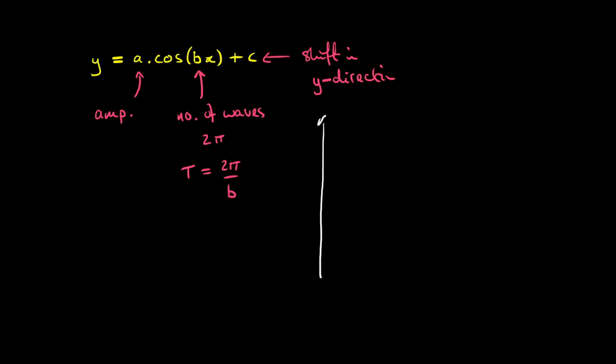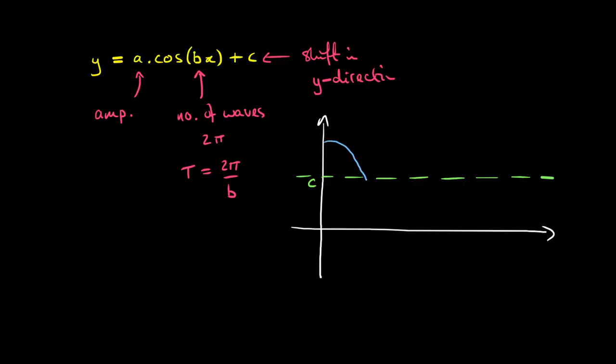Okay, let's draw a quick cosine graph. We'll go in the opposite order, C, B, A, okay? So C tells you the shift in y, which means it's going to tell you the center line. So this here would be coordinate C. Okay, the wave, if it's a cosine, looks like that.